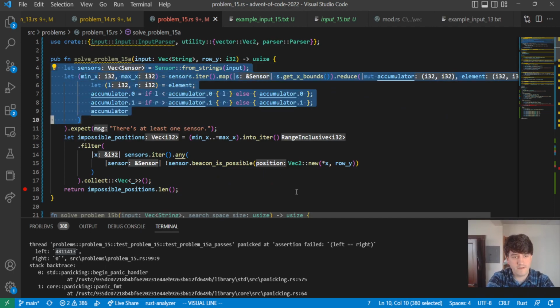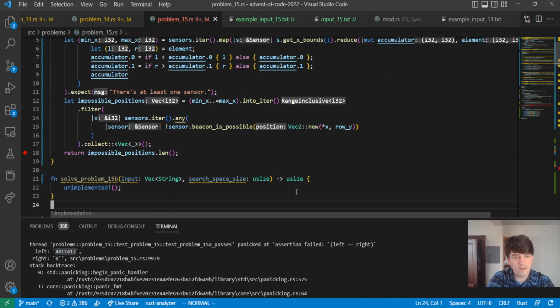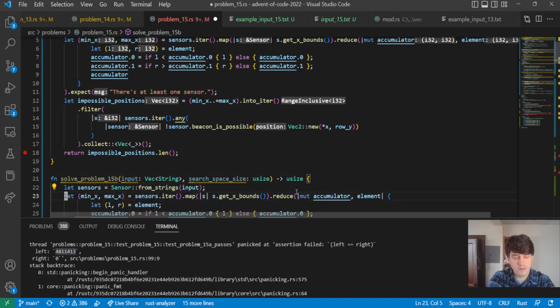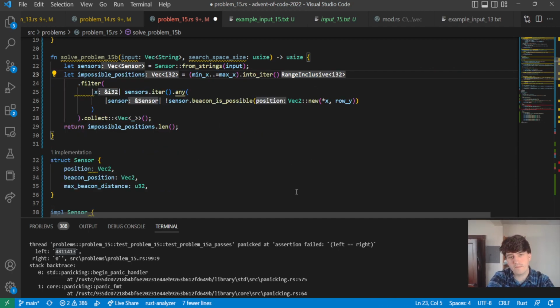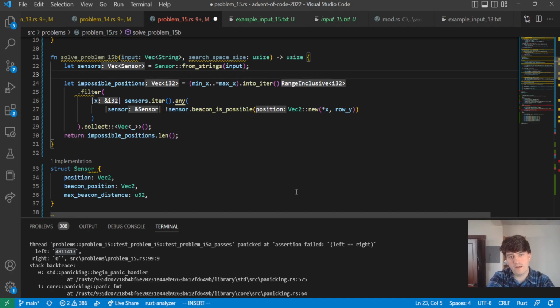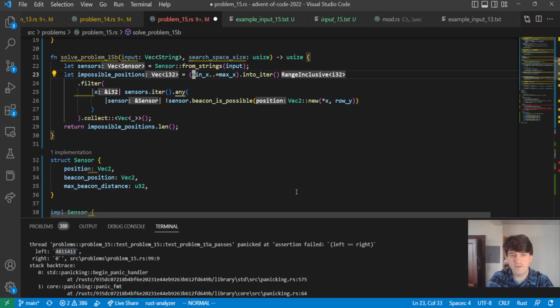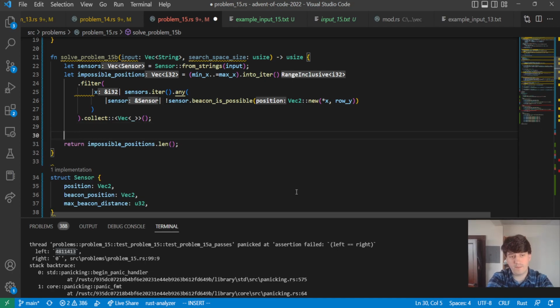Let's just copy this whole function down, and so this no longer has to happen. We can say let max min x. Oh, but it's not min x and y anymore. I guess we want to do this in a loop now, because we want to be able to exit immediately.